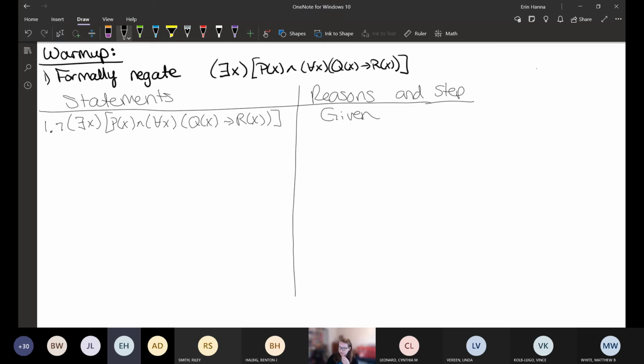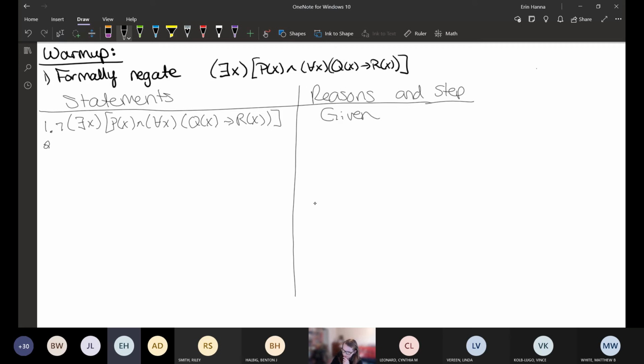But if you're just tired of copy and pasting, if you put a regular E and a regular A, I'll accept it. But it should be the backwards E and the upside down A, so try to keep copy and pasting that if you have the time.